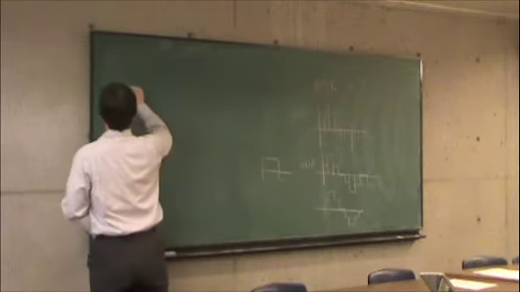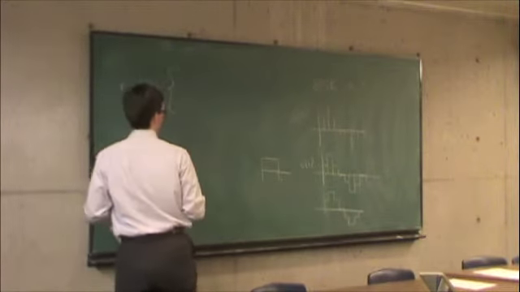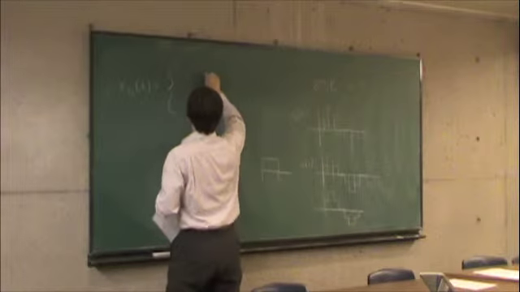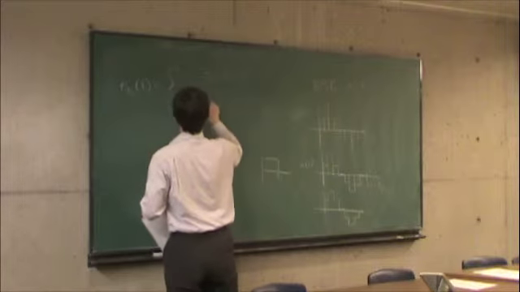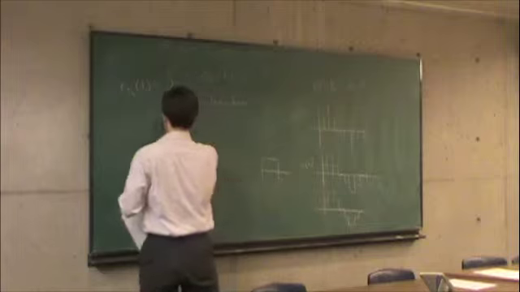Let's call it R sub Ts of t. And that will be equal to 1 from time minus Ts to 0 and 0 elsewhere. So in other words, it looks like this.